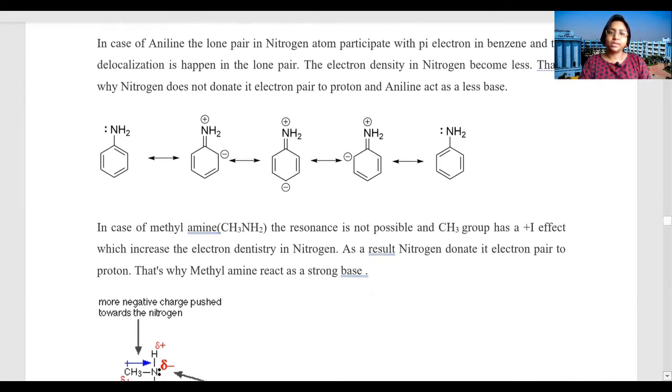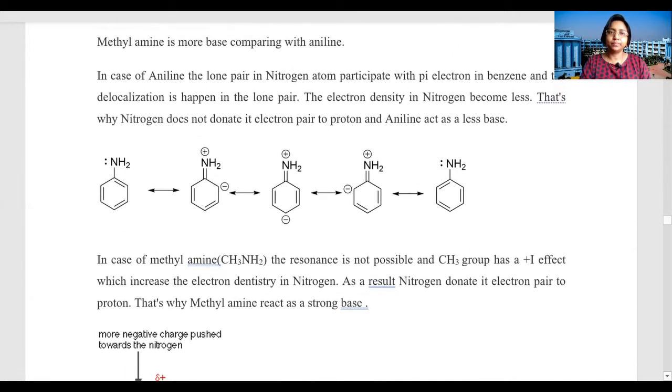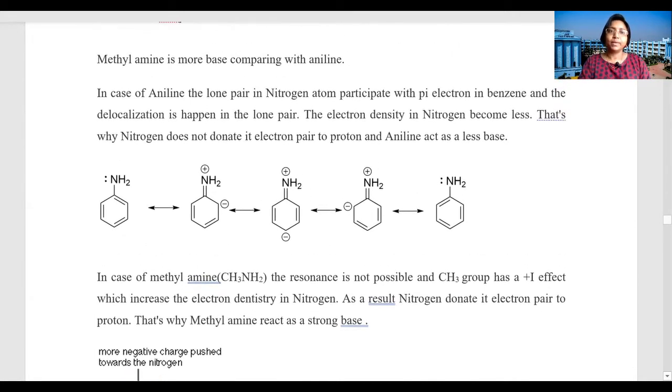First you can see methylamine. So which one is more basic? What do you think? Methylamine is more basic compared with aniline. And why so? You have to explain with the diagram. Here you can see the different resonating structures of aniline, and how the lone pair of electrons is delocalized.